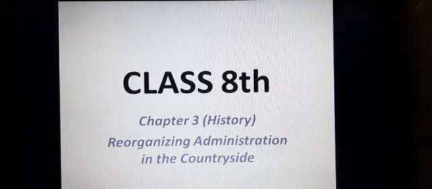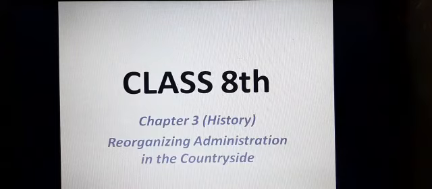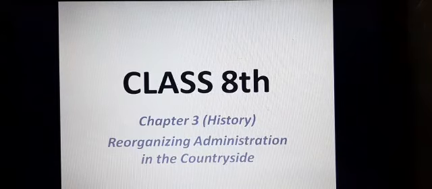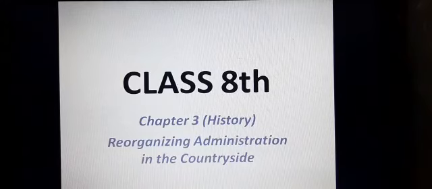This system was changed by the Nawabs of Bengal and they started the system of Izaradari. When the British agents started collecting revenue, they came into clash with the previous revenue collectors or the Izaradars, who were mostly the local landlords or the zamindars.